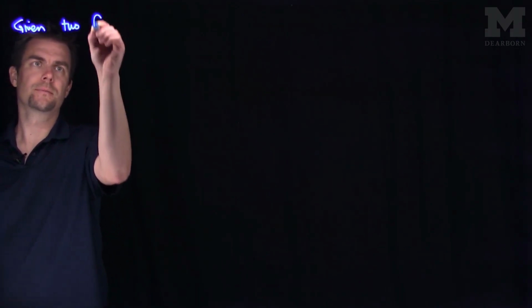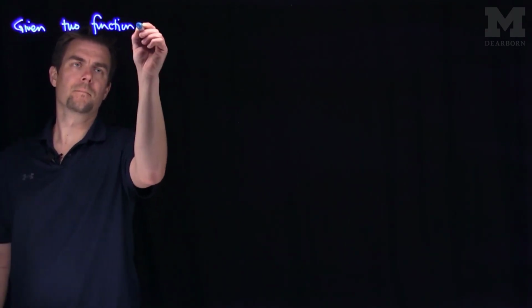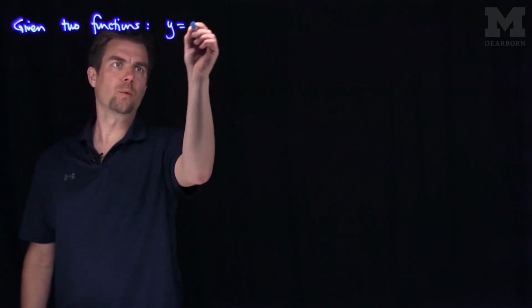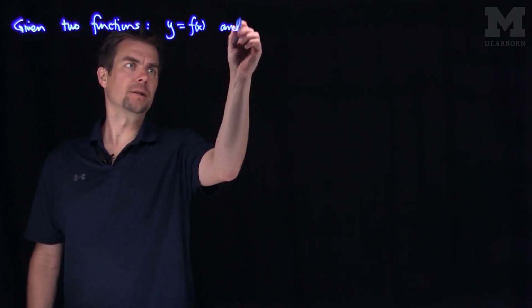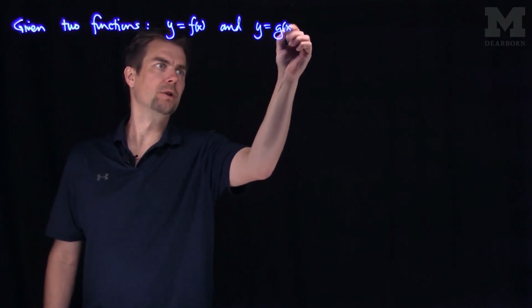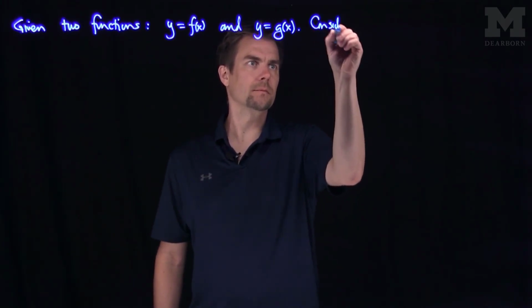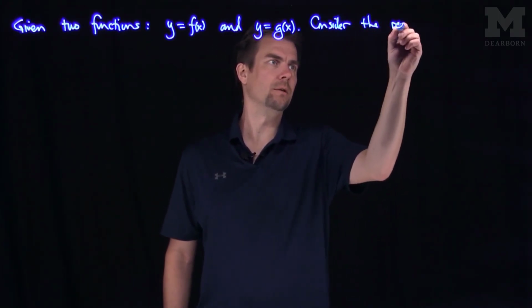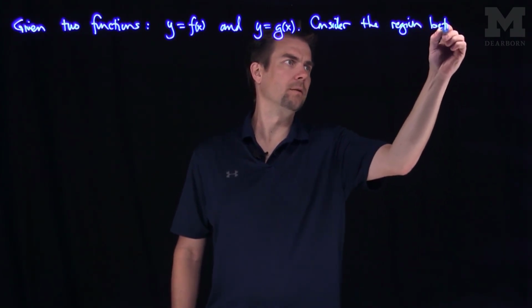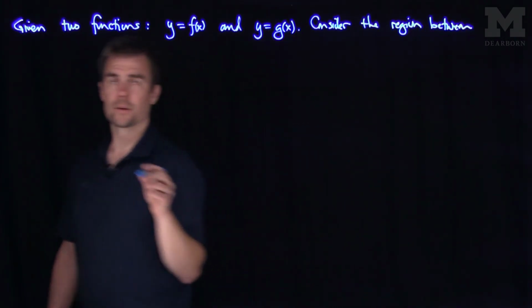Hello students, in this video we'll see how the disk method can be extended to form the washer method when you're rotating a region about a line. So if we're given two functions, y equals f of x and y equals g of x, consider the region between the curves.